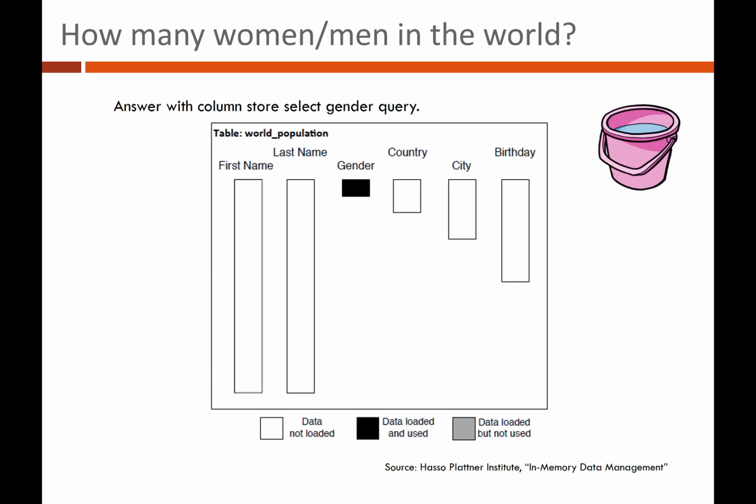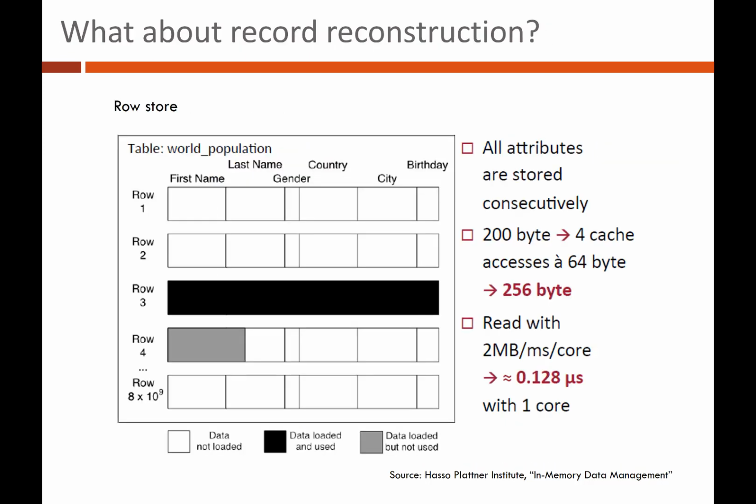Now, that raises a very obvious question: suppose you need to reconstruct an entire record. Remember, in row store, all of the attributes are stored consecutively. So here's an example. Suppose a record is 200 bytes in length, and you are working with a machine that has a stride access of 64 bytes.